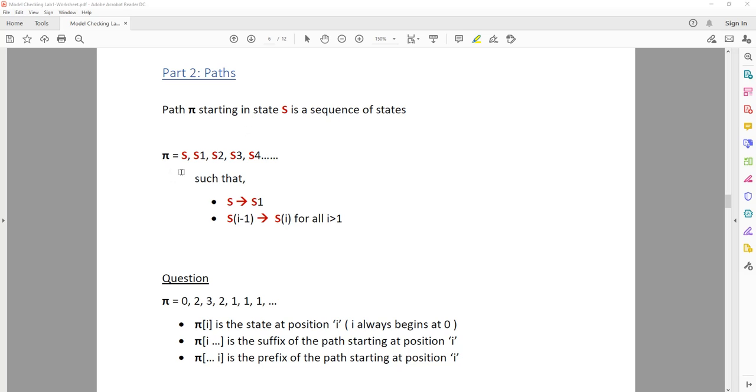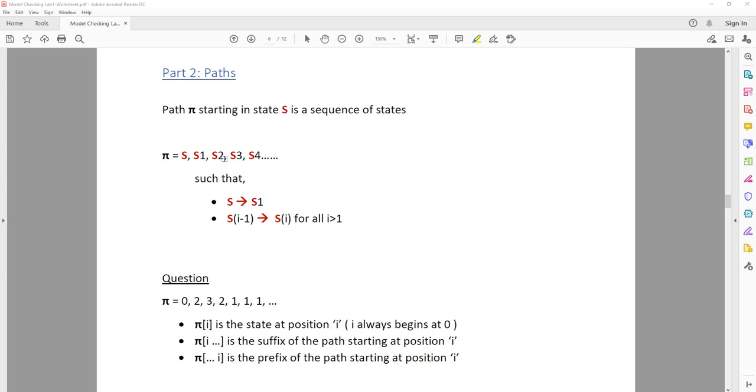So pi here, or path, is s, s1, s2, s3, s4, such that one state transitions to the next state. So s transitions to state 1. s(i minus 1) transitions to s(i) for all i greater or equal to 1.